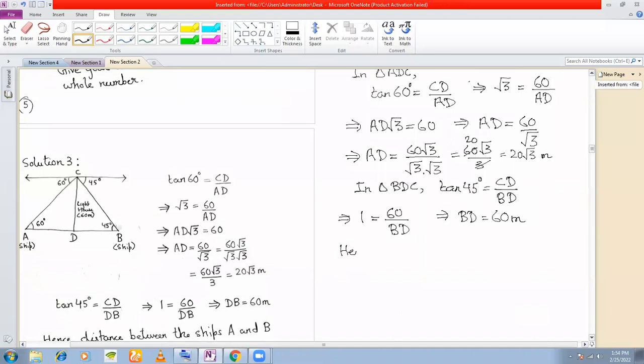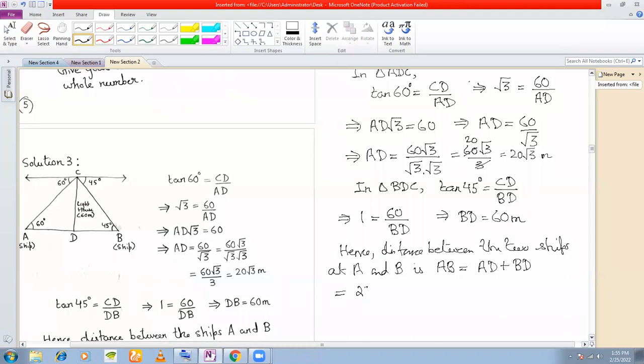So hence, distance between the two ships at A and B is AB equal to AD plus BD, which is equal to AD, we have calculated this as 20 root 3, and BD we calculated above to be 60, right?